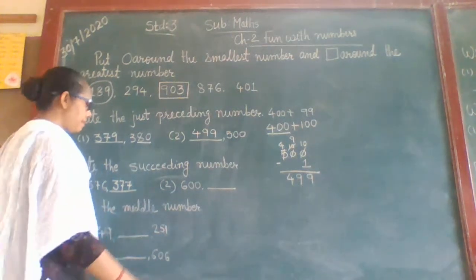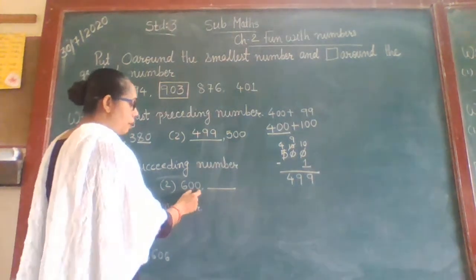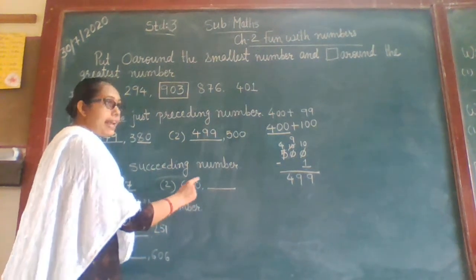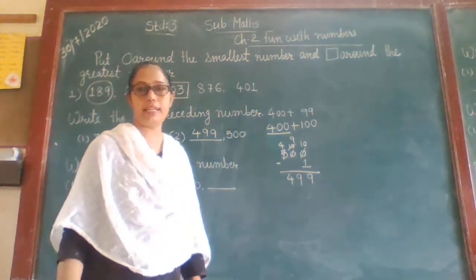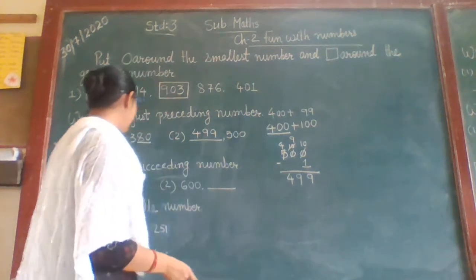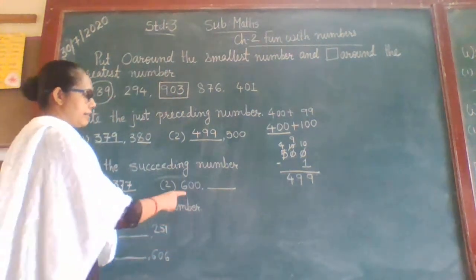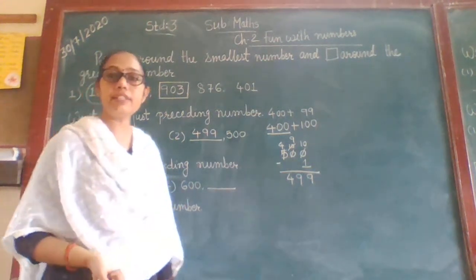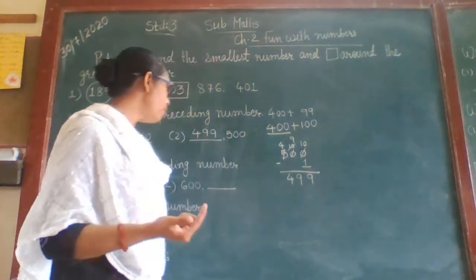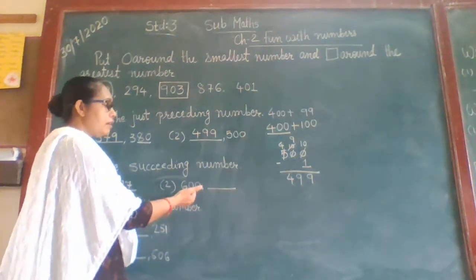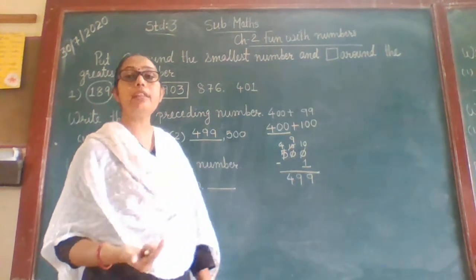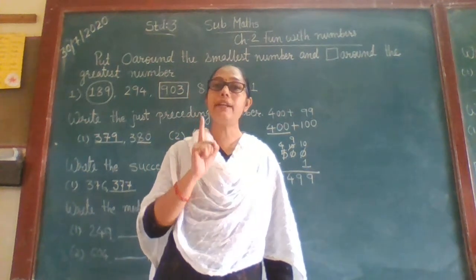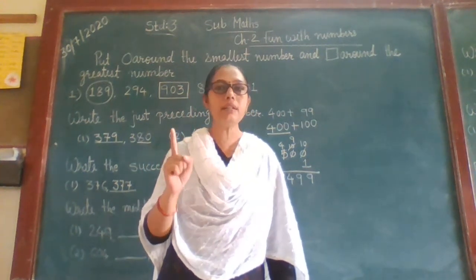Students, when we have 0 on the tens and ones place, in that case we get confused. See, here we have 600. So after 600, which number will come? So I show you. If you don't know which number will come, I have taught you that when we have to find the succeeding number, add 1 to the given number.